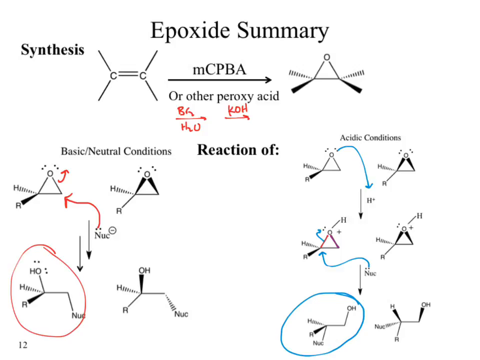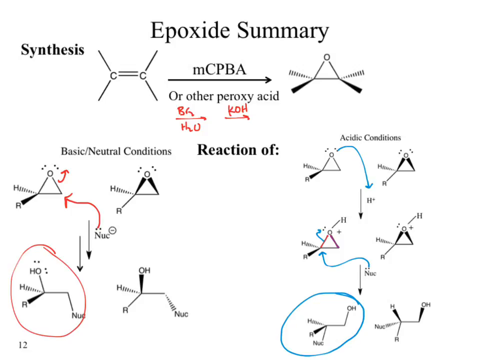Where there's more electrons, under the more substituted position. So as soon as we've made that oxygen a great leaving group, our nucleophile is going to come in and attack the most substituted carbon, because that's the most positive carbon. The other one won't be very positive because that bond won't have polarized as much, so our nucleophile attacks the most substituted position, and we end up with the result we see.